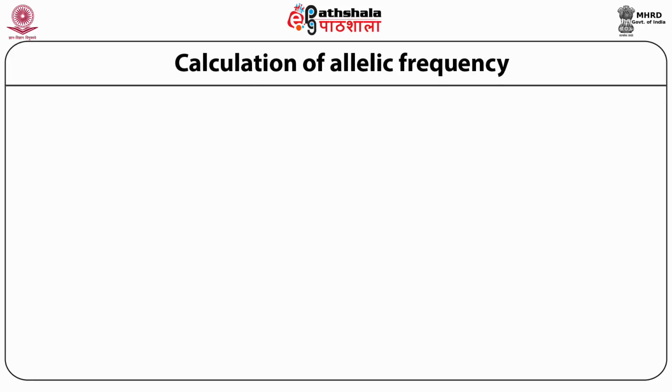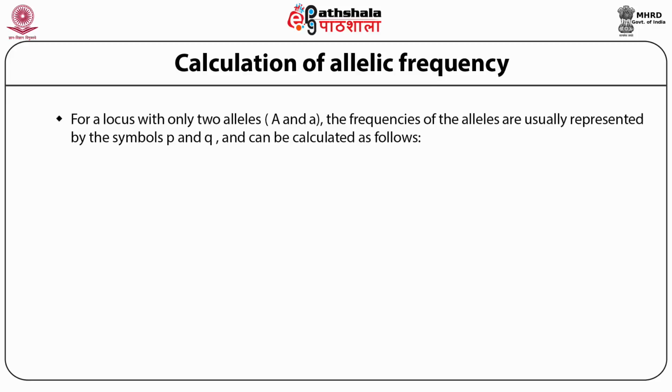For a biallelic locus, that is, for a locus with only two alleles called capital A and small a, the frequencies of the alleles are usually represented by the symbols p and q. Based upon the number of genotypes, they can be calculated using the following formula.